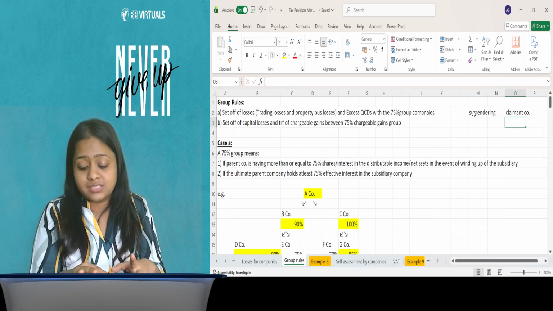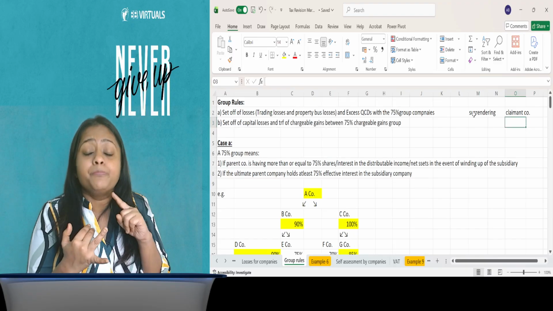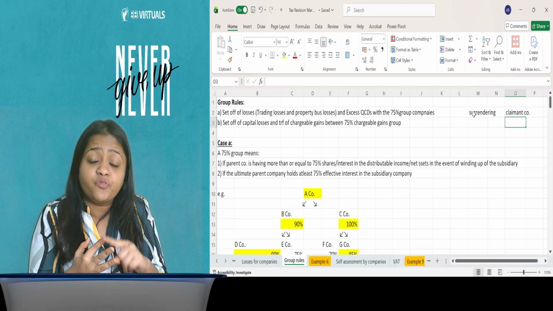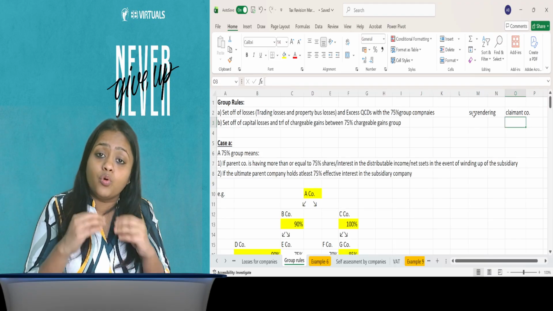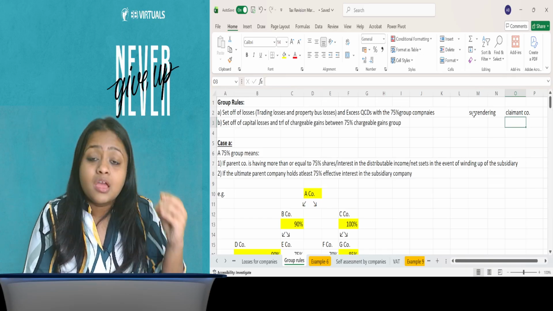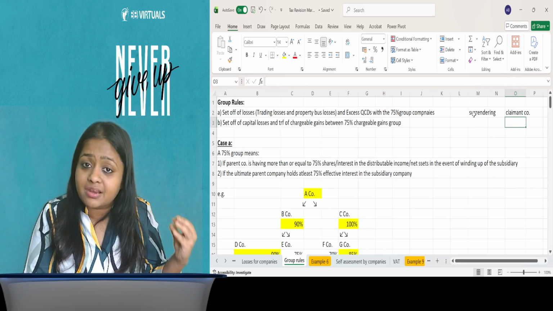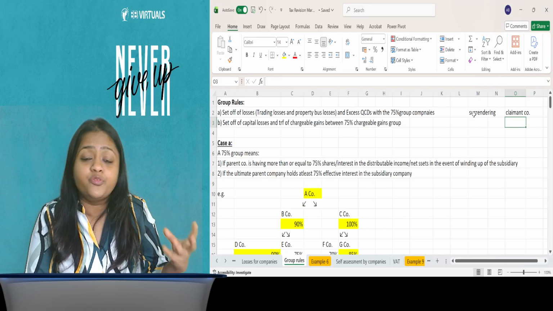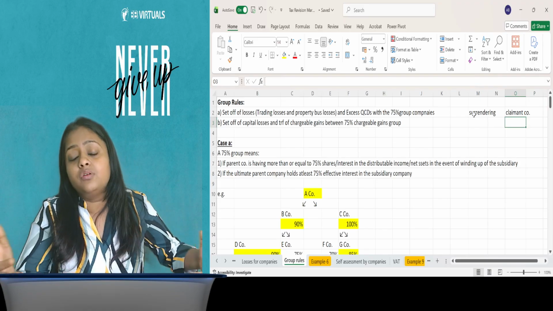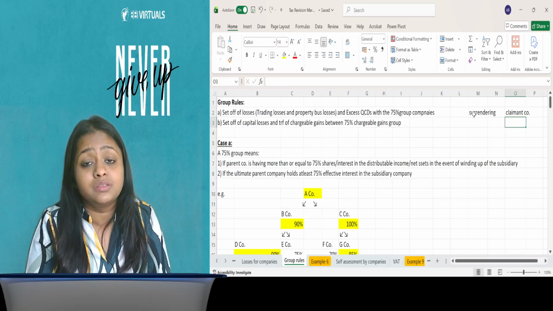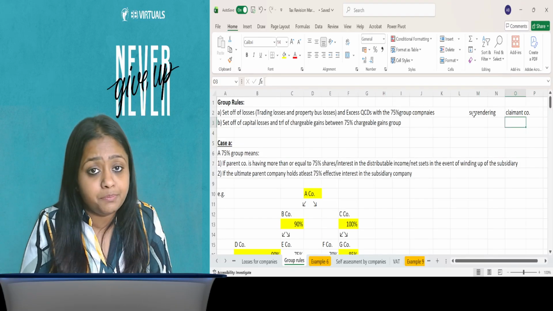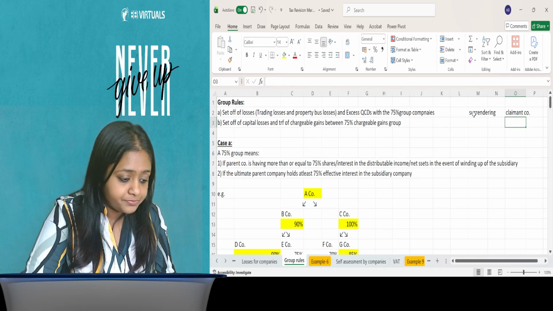Rest all the losses, be it property business loss, QCDs or the brought forward trading loss, can only be surrendered in excess. First, they have to be adjusted with the surrendering company's total profits, make them zero, and then only the remaining losses can be surrendered to the claimant company. Clear? Okay.